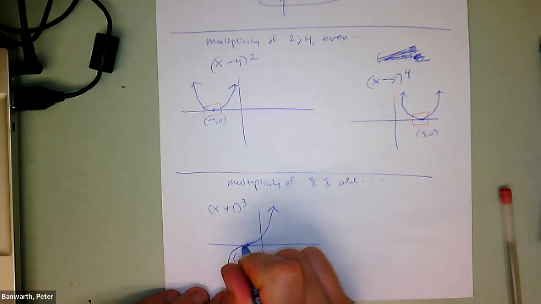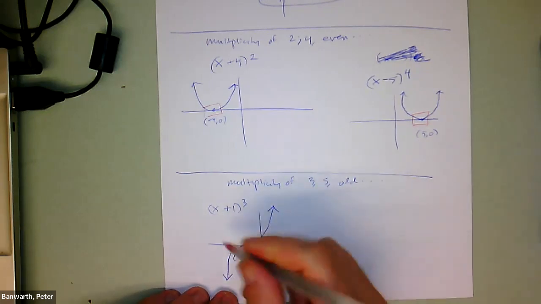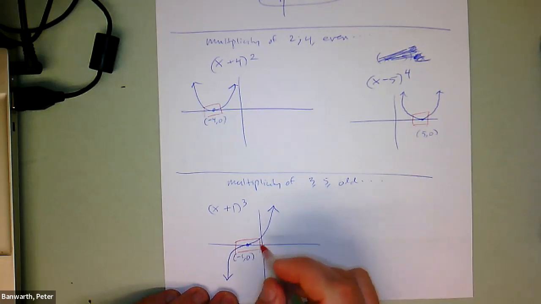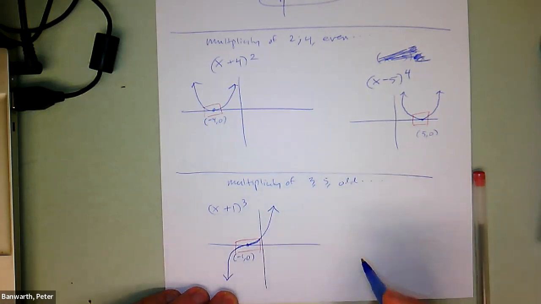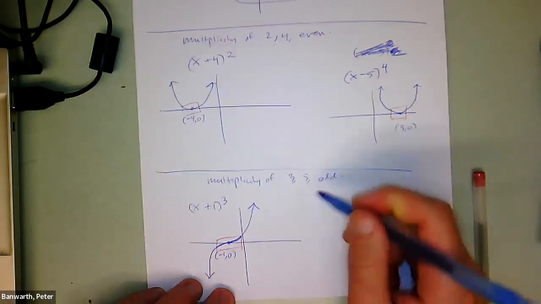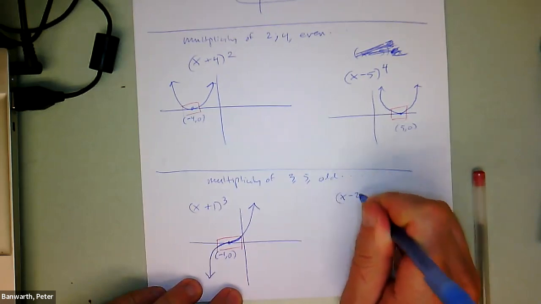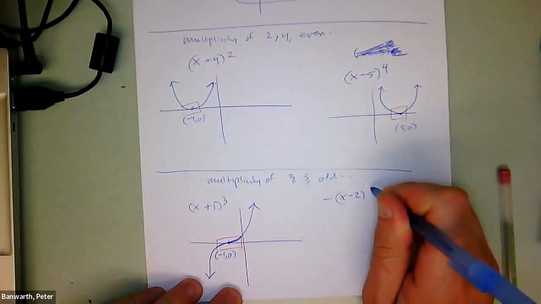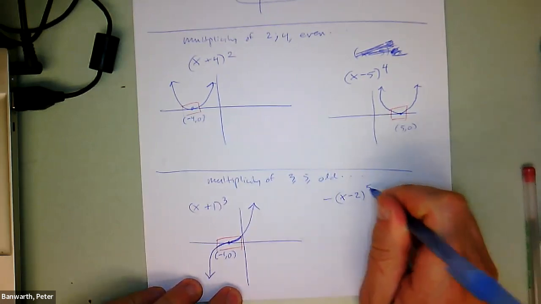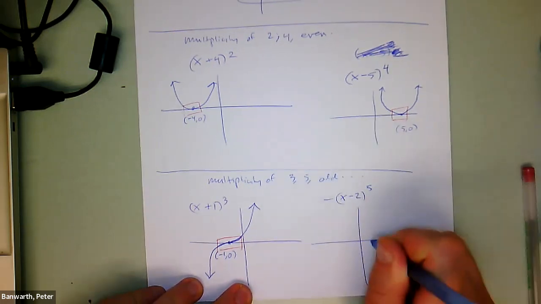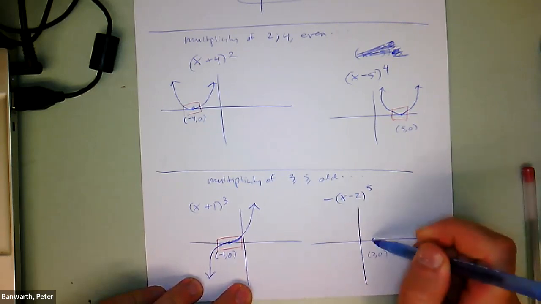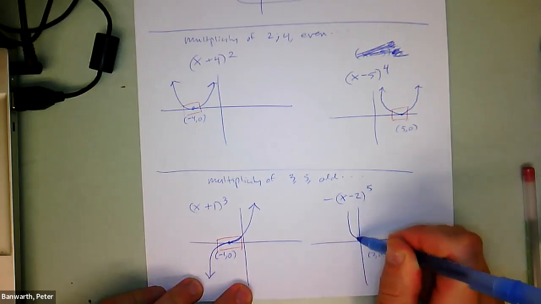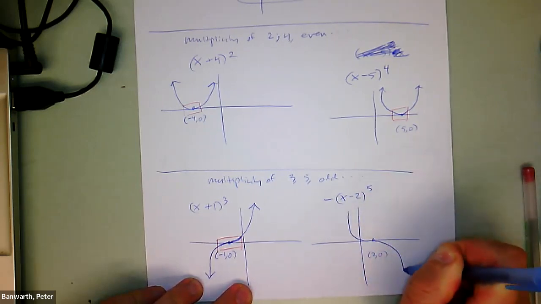And so we can see it crosses, but when we put a window around it, it's a little harder to draw cubes, but you should see that it's flattening out right as it crosses and then goes up. Or I could have x minus 2, I'll put a negative out in front, to the 5th. So there's 2, 0. It's negative, so it's going down, but it's still going to flatten out right as it crosses.